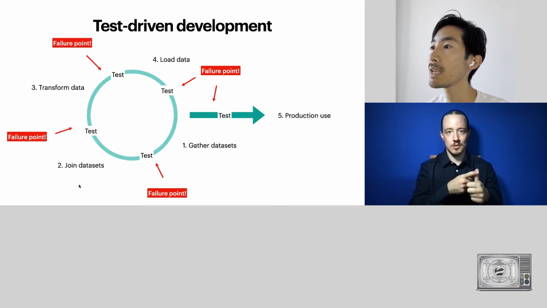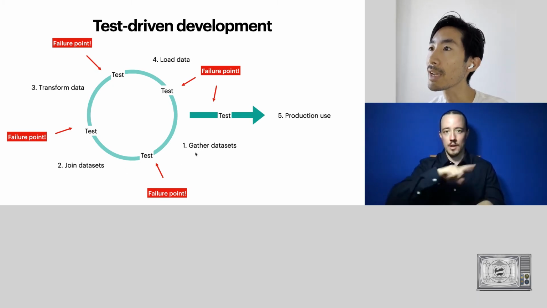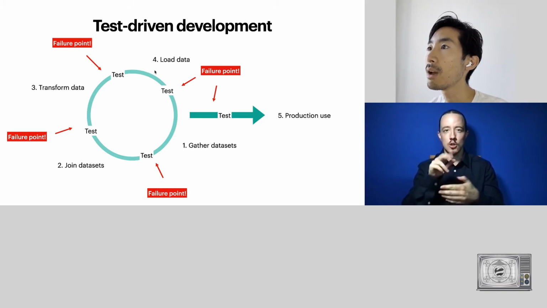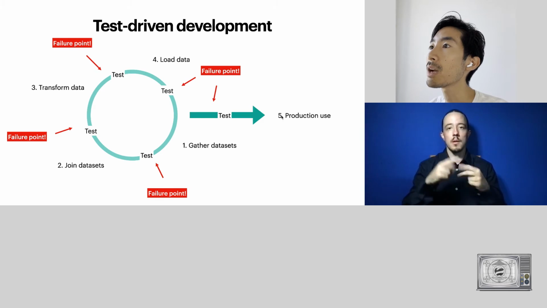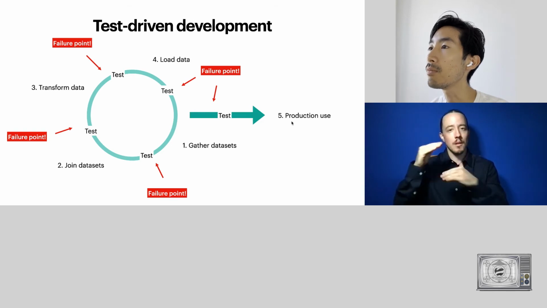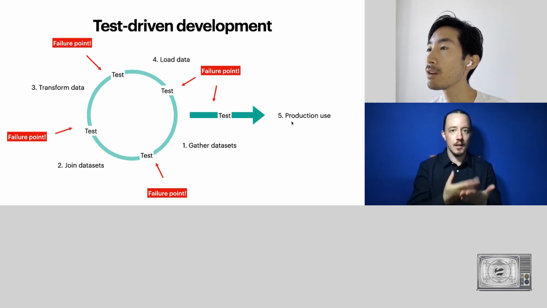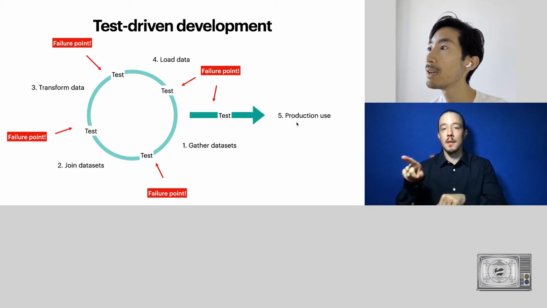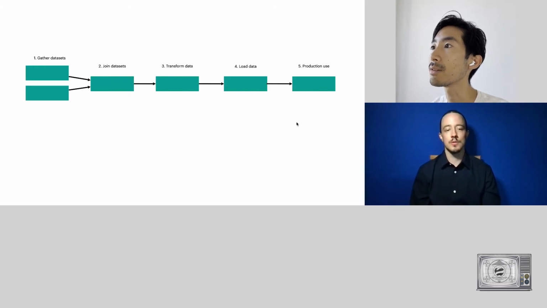So for each of our steps, say we're gathering data, between this step and joining our data sets, we're actually checking the assumptions that we're making and making sure that not only for this joining step, but also for transformation and loading data, that we're validating that the outputs actually look like what they should. And if we repeat this process when building out our ETL pipeline, we'll eventually ship it to production. And hopefully in that process, because we've done all these validations in a very meticulous way, we should be shipping out fewer mistakes every time that we do a handoff to our end users.